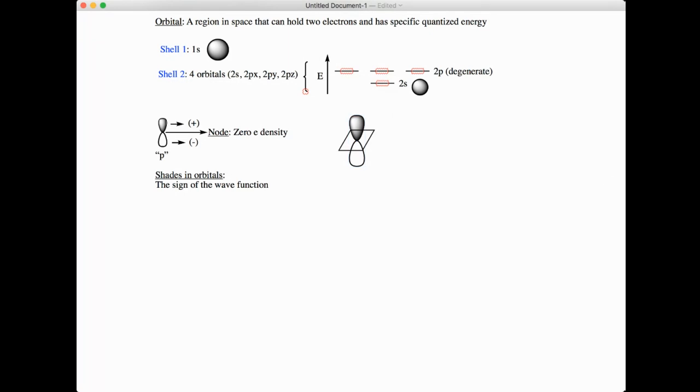Okay, since the p orbital has slightly more energy than the s orbital, the electrons in the p orbital will be slightly further away from the nucleus, yes, they will. Not a huge difference, okay? The more significant difference will be in between shells.